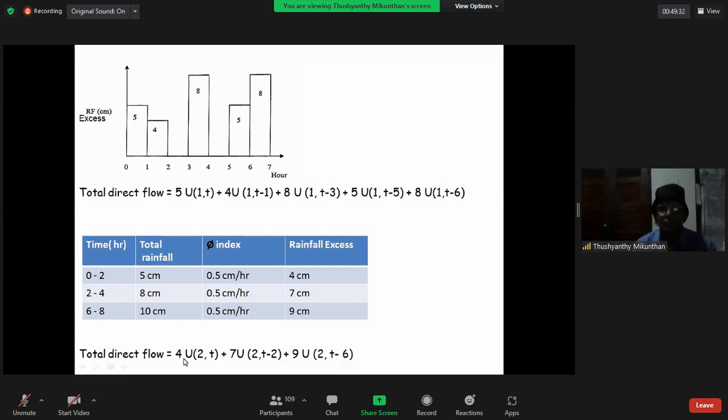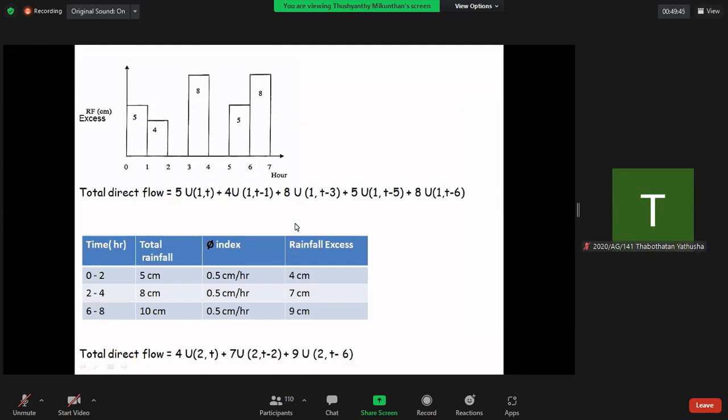Then see, 4U, 7U, 9U. Here 4 centimeter excess rainfall, then 7 centimeter, 9 centimeter excess rainfall.